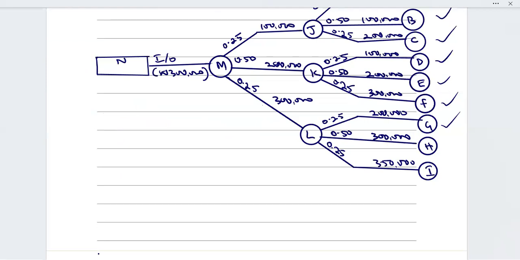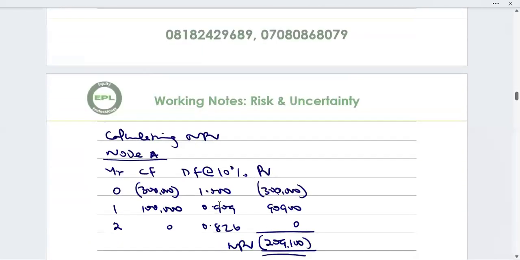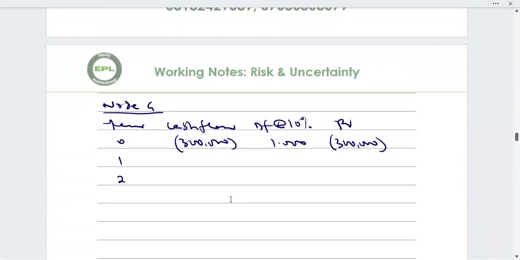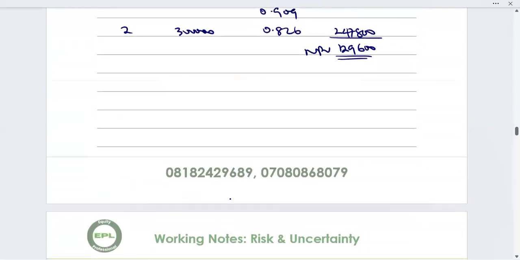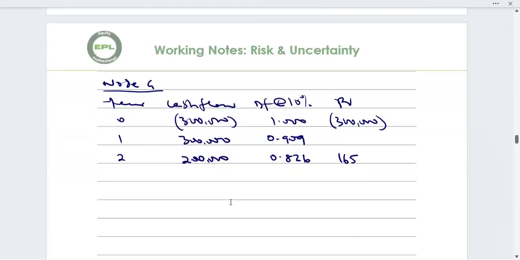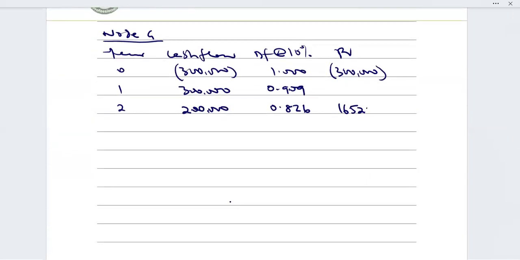Year 2 cash flow is 200,000. So 200,000 multiplied by 0.826 is 165,200.